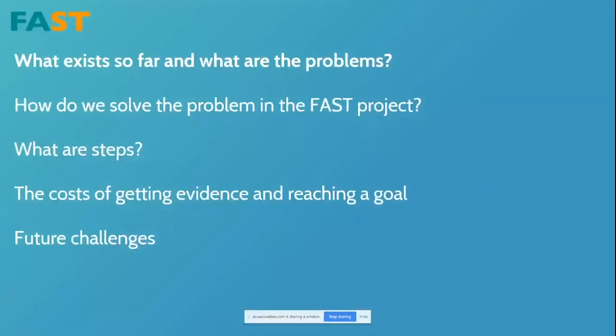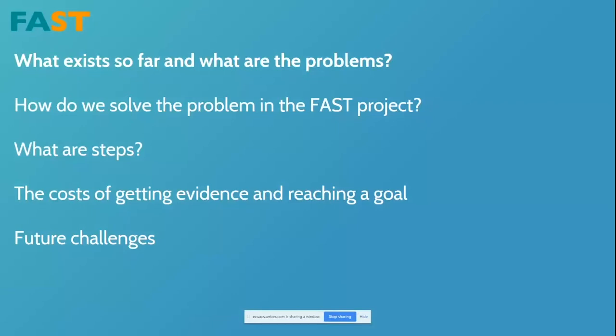So for today's talk, I first want to quickly explain the problem, like what we have nowadays in public service modeling, what is missing. Then looking into the solution we are trying to give in the FAST project. I will talk a bit about the project roadmap, how we compose workflows out of conditional steps of this journey, where we then use reasoning to find the optimal steps. Then, of course, I also talk about what steps are.